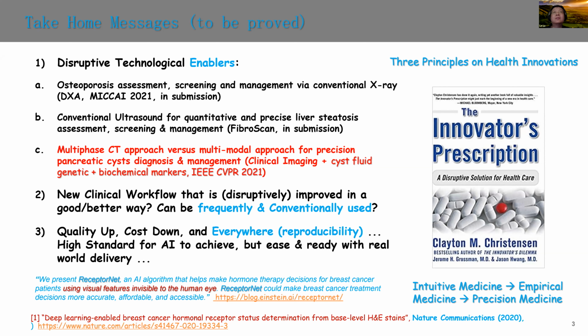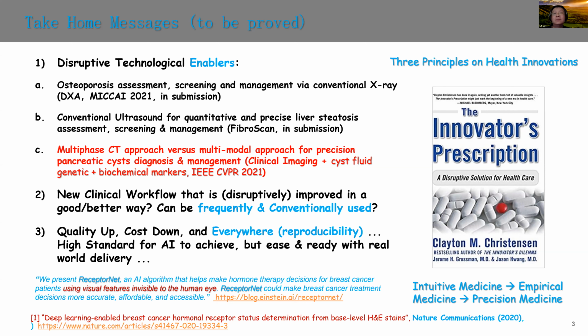People talk about the three principles in this book, about how to make things work, especially in healthcare. People talk a lot about disruptive medicine, disruptive technology, especially in Silicon Valley. Really, I think what was missing was the enablers. What we do can make something possible, feasible, reproducible, and useful, right?